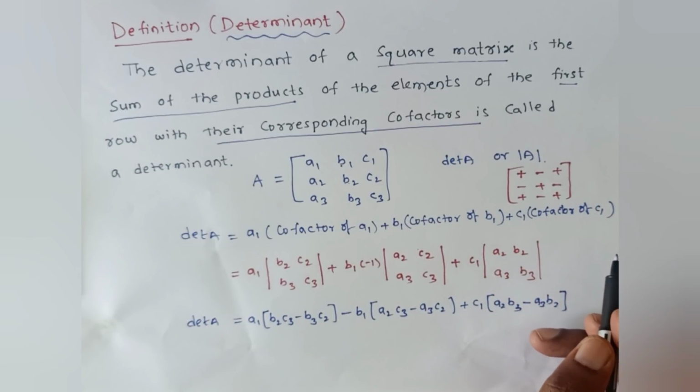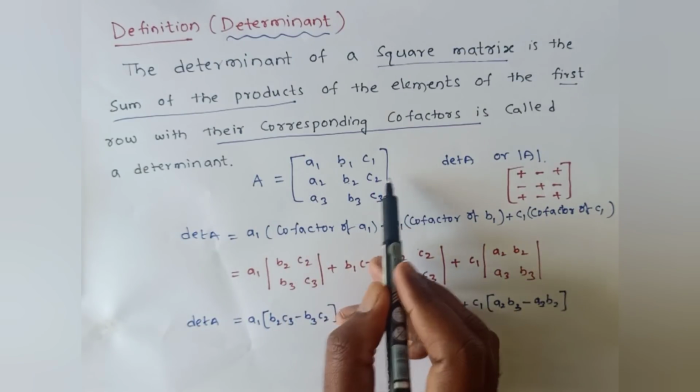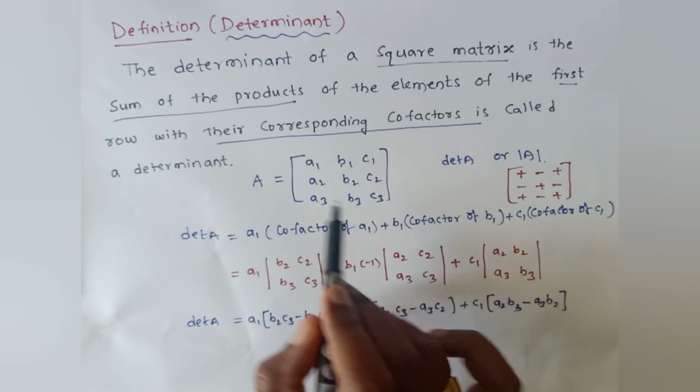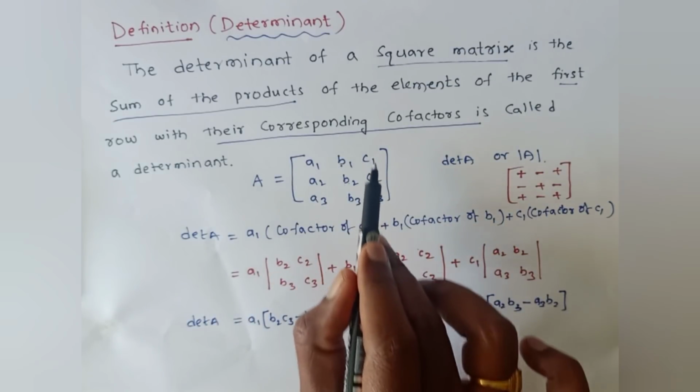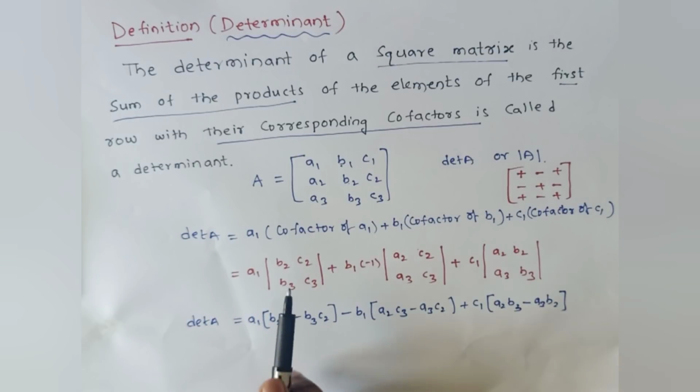Similarly, we can evaluate the determinant of this matrix along the second row, or third row, or first column, second column, third column also. The definition is the same.